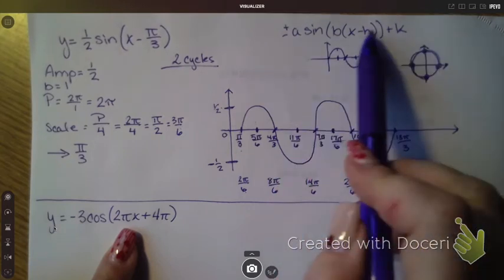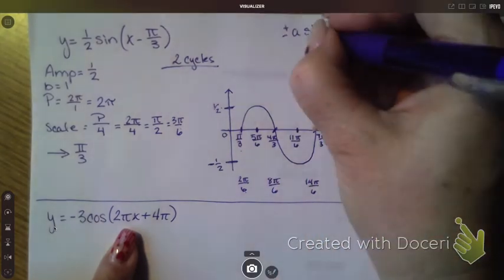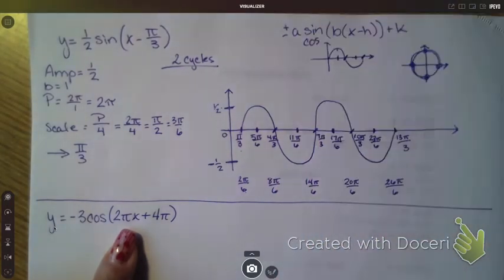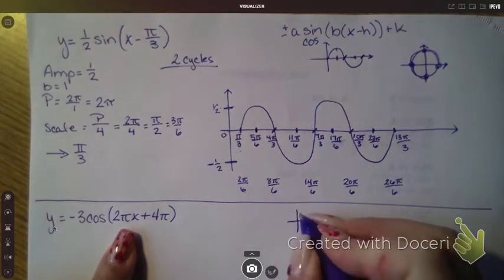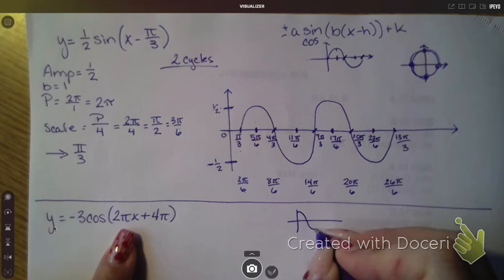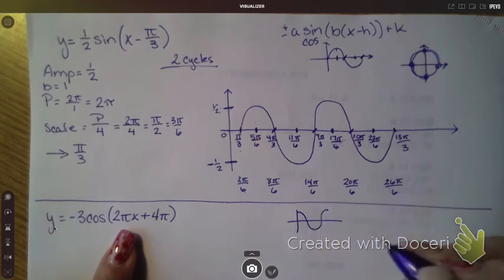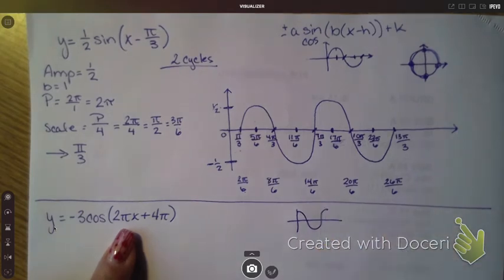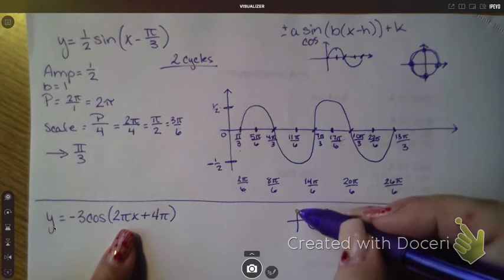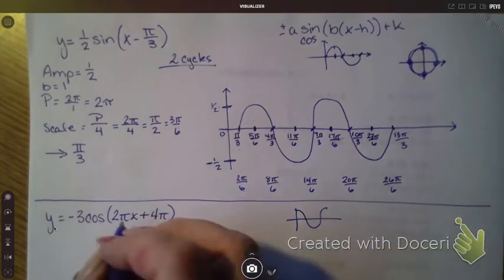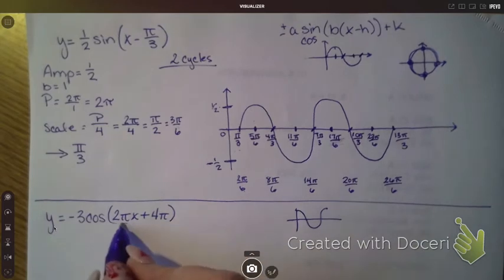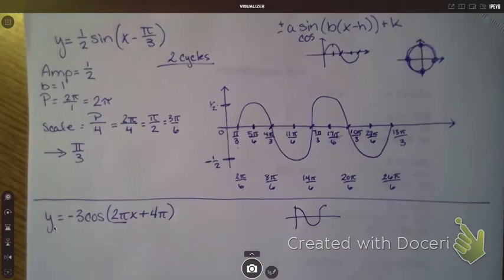I'm not going to rewrite this right here because this is sine and cosine, correct? That parent function is the same, isn't it? But cosine doesn't start at 0, it starts where? It starts at the max and goes down, unless it's reflected, correct? If it was reflected, it wouldn't start at the max, it'd start at the minimum. Okay, so we do need to factor. Anytime b is not 1, you need to factor.